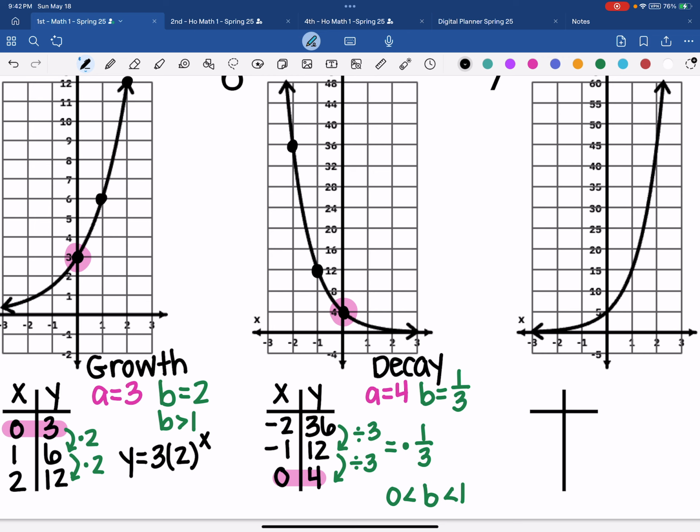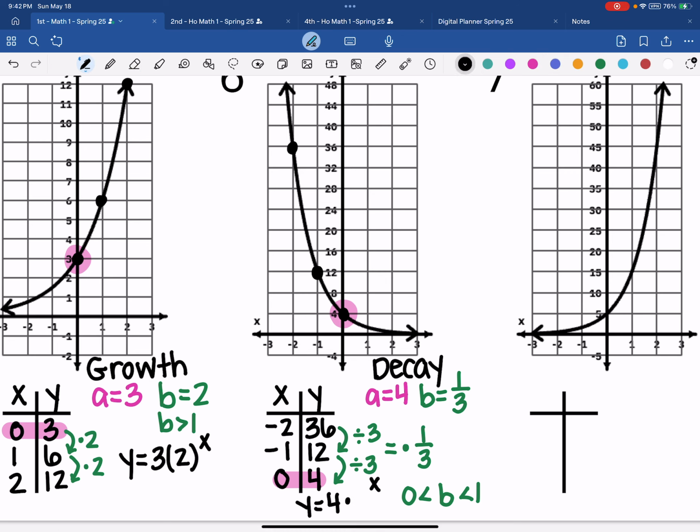So my actual function is y equals 4 times 1/3 raised to x. So again, my a value was 4, and my base is 1/3, and that's raised to x.